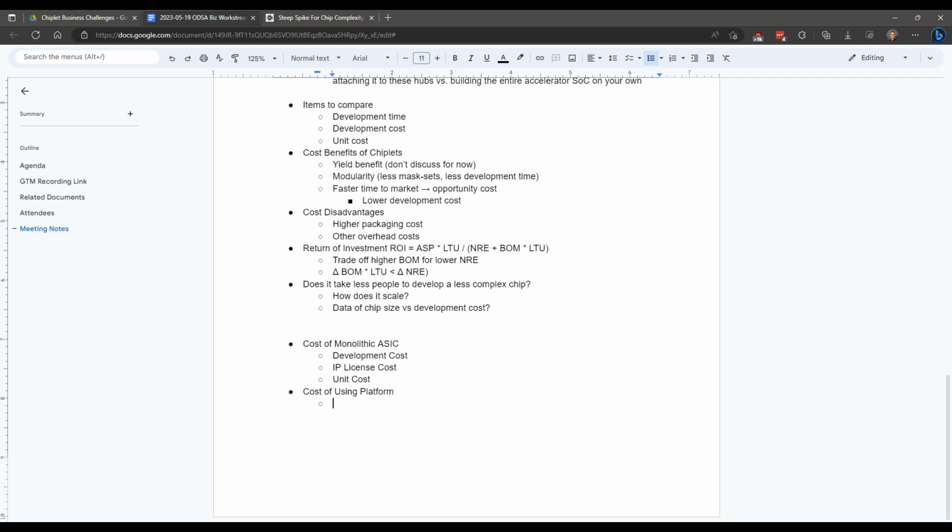And the second point it makes is that a lot of the respins come from the analog part and not from the digital part. And with chiplets, you can sort of say you have a crack at both of them. The complexity of the chiplet you're developing is going to be far less than the complexity of the packages, all the components. And presumably most people aren't going to be developing the analog part. They're going to be developing just the digital accelerator.